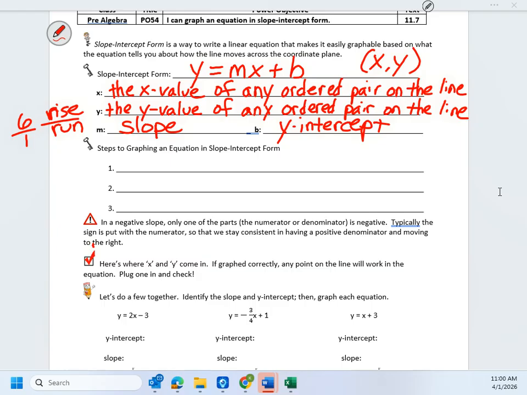So we have steps to graphing an equation in the slope-intercept form. So that slope-intercept form, here are our steps. The first step is we're going to plot the y-intercept.